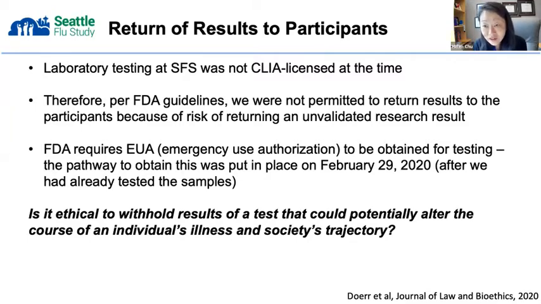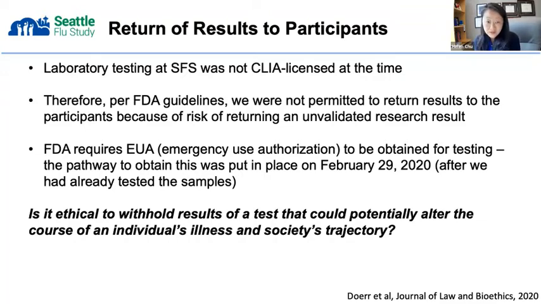So if we found it, we felt, and many others felt, that action had to be taken based on that result. That was the other major discussion that went on for a very, very long time: what do you do in a setting where you are a research group doing research testing and you can't take action on the results of your research test, yet this is a public health emergency? Can we do anything with that information? Can we take action at all?